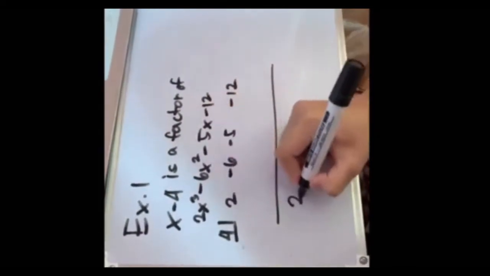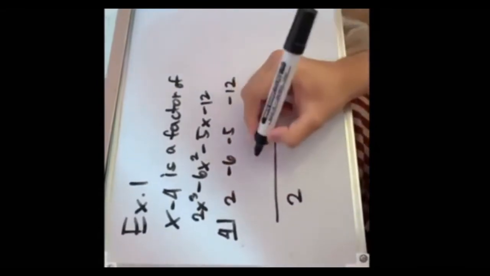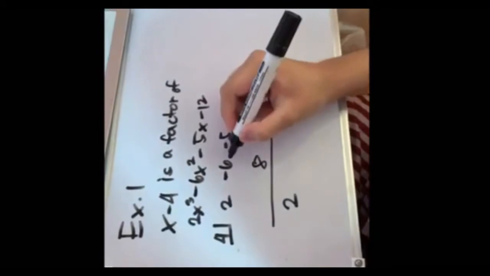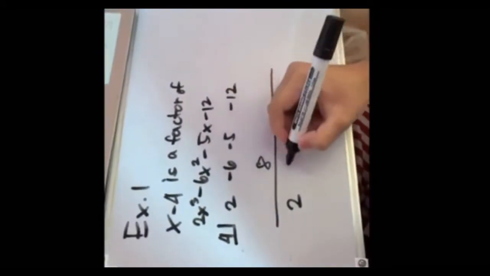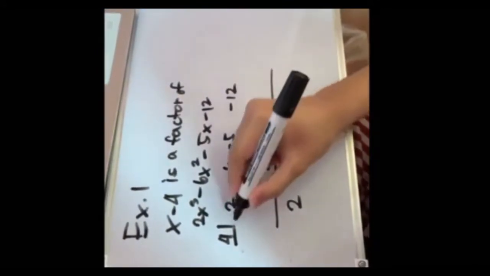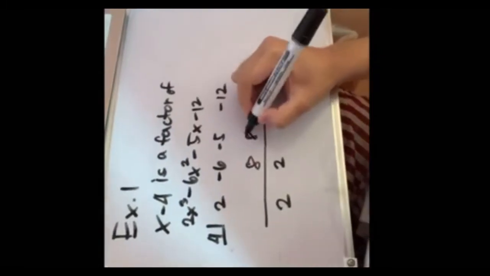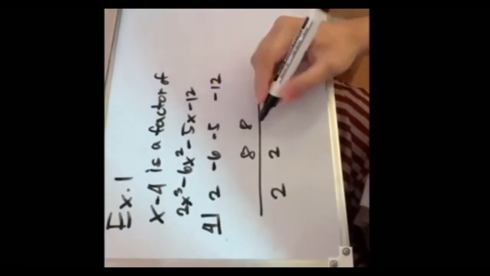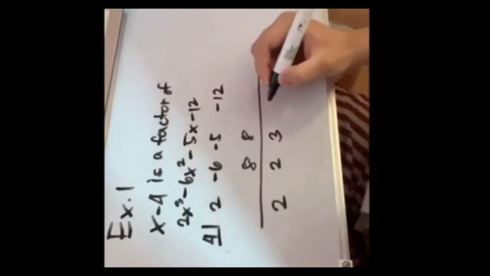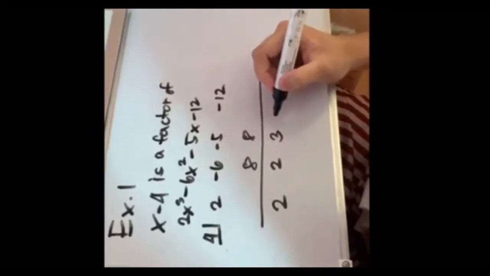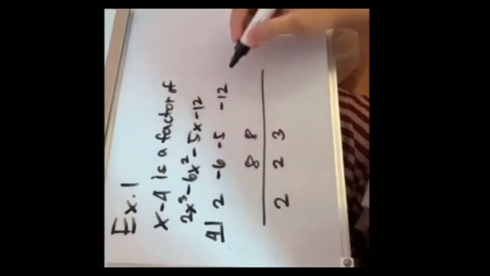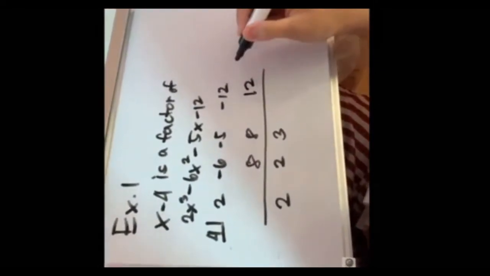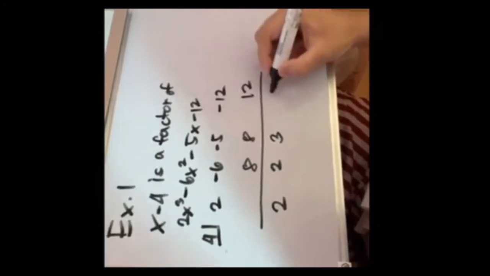Bring down 2. 2 times 4 is equal to 8. Negative 6 plus 8 is equal to 2. 2 times 4 is equal to 8. Negative 5 plus 8 is equal to 3. 3 times 4 is equal to 12. And negative 12 plus 12 is equal to 0.